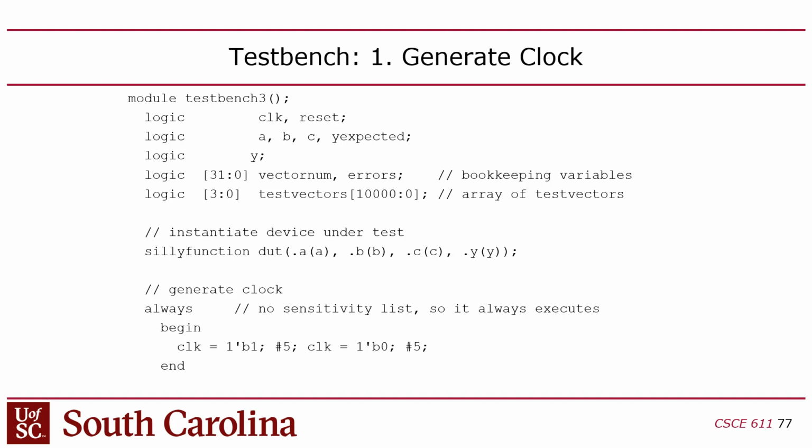So we've got this test bench, and I've got the silly function instantiated in there, and I call it DUT, which stands for design under test. And then I wire up A, B, C, and Y, which I've declared above. I also have a clock, a reset, and then I have a vector number and errors, which is just a counter, 32-bit counters. And then I have, this is new, this syntax, test vectors.